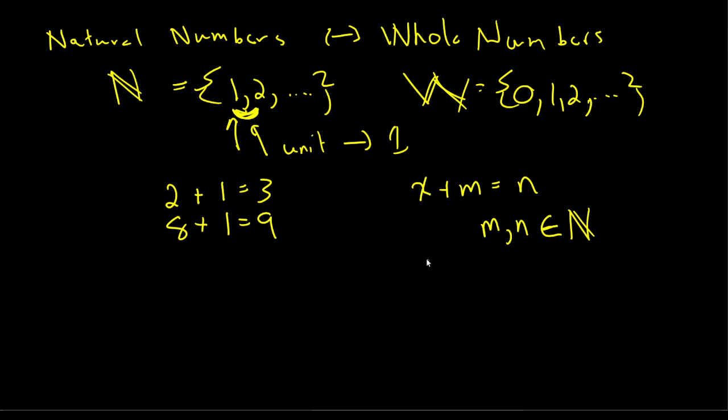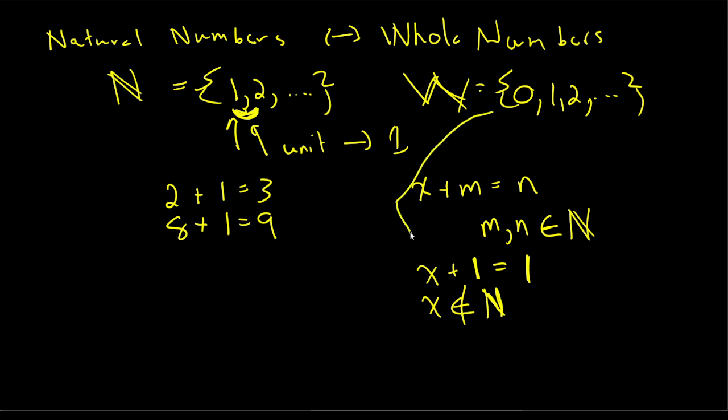Well, we run into a problem that if m is 1 and n is 1, x doesn't exist within natural numbers. I don't have anything I can add to 1 to get me 1 back.